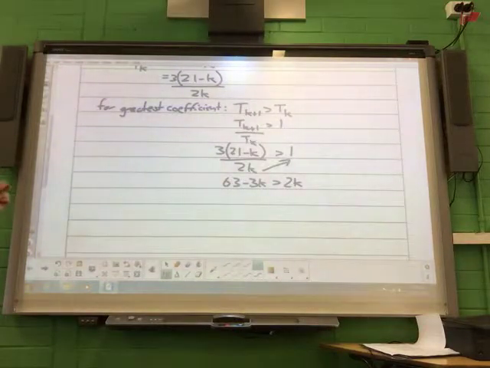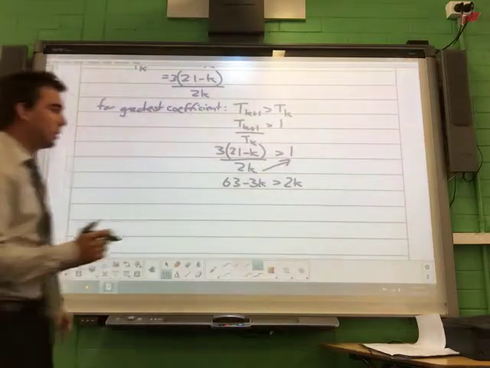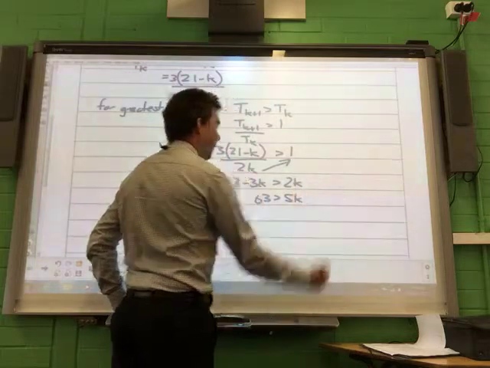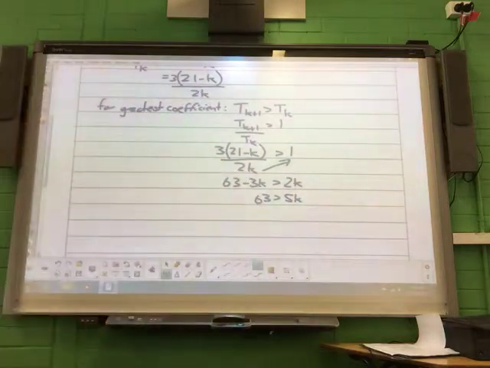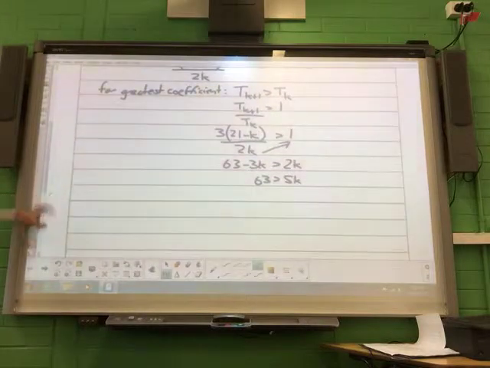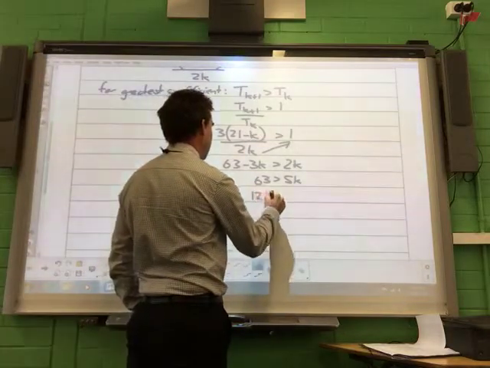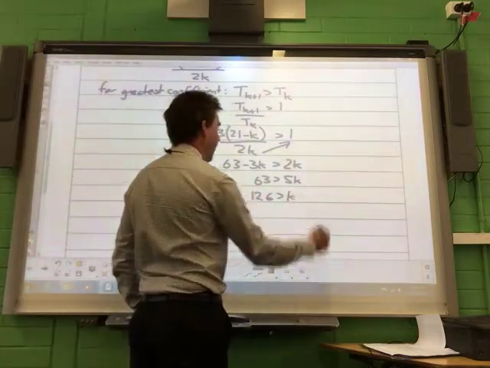Alright, I'm going to bring the negative 3k onto the right hand side of the inequality. So 63 is greater than 5k. Divide both sides by 5. We're going to have 12 and 3 over 5, so 12.6, which is greater than k.